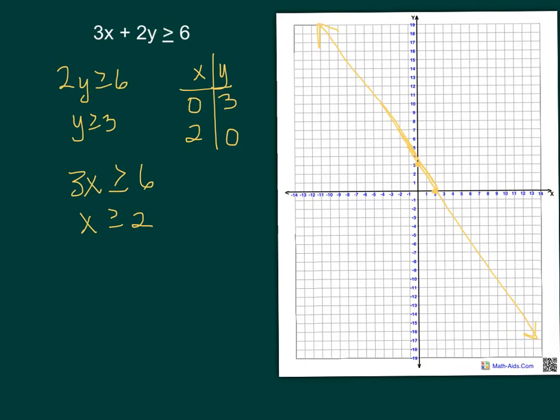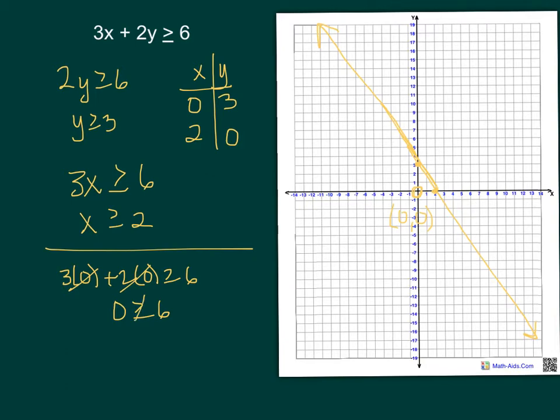And the way that you test that is you use a test point, and 0, 0 happens to be the easiest. So you take the point 0, 0, and you actually plug it into the original equation. You plug a 0 in for x, and you plug a 0 in for y. These both cancel out, giving you 0 is greater than or equal to 6. Is 0 greater than or equal to 6?